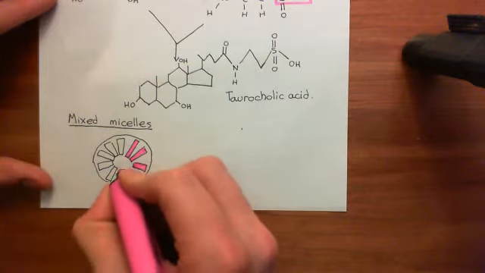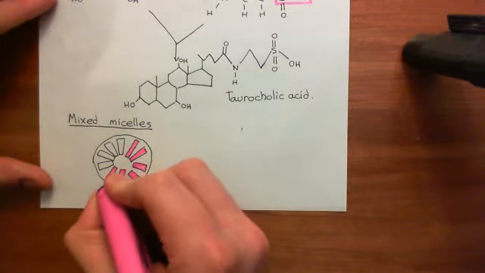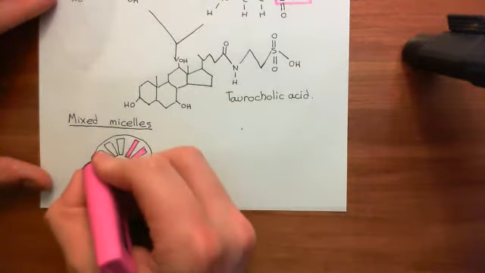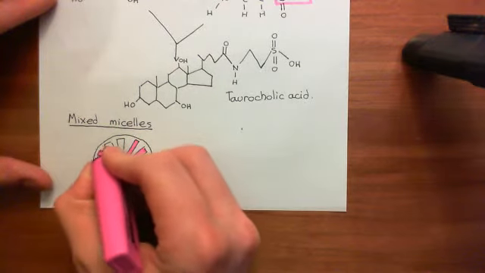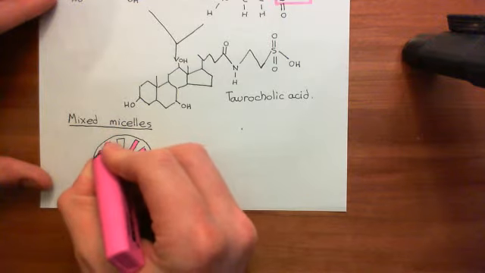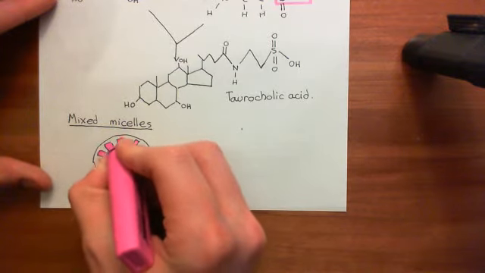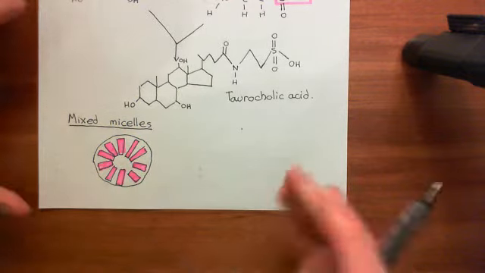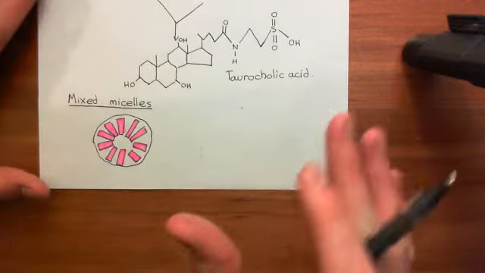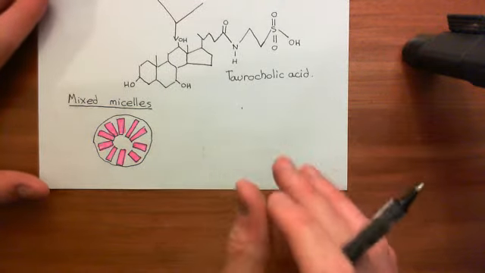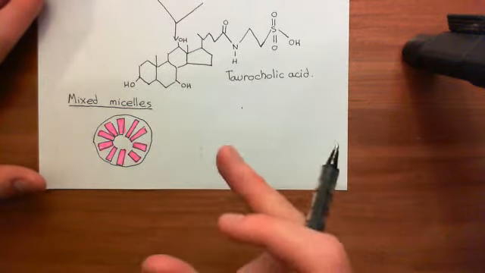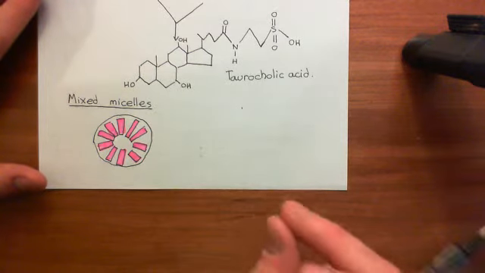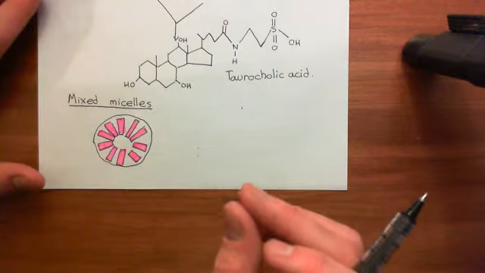It's going to become a mixed micelle because basically what's going to happen is the products of digestion are going to join the micelle, and therefore you're going to get all sorts of other lipid molecules apart from the bile acids within these micelles. Okay, and this is how you're going to protect the products of digestion from being reacted upon by their enzymes to convert them back into the original reactants, which we want to stop, remember.